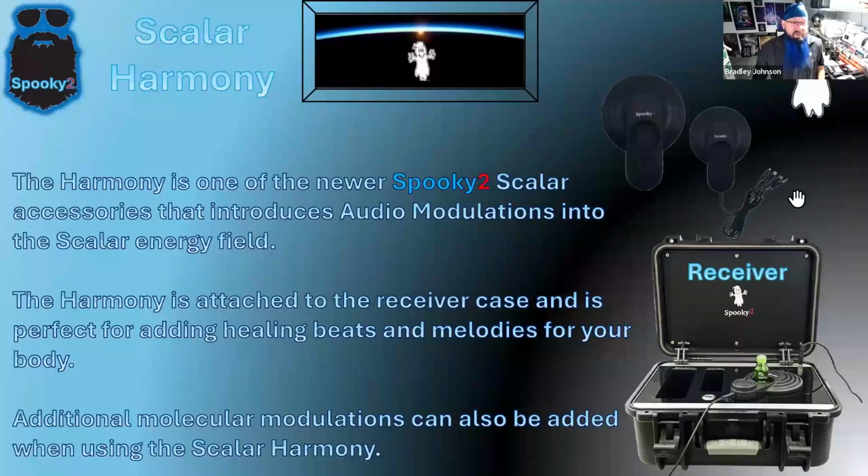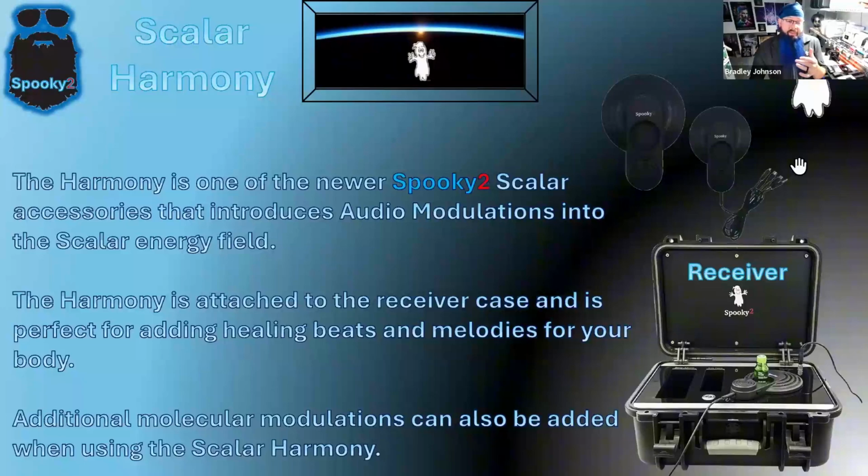You can simply connect from them and pipe the audio modulations into your pure energy scalar field, allowing you to listen to healing beats or specific meditation music as you're sitting in between the two scalar cases.